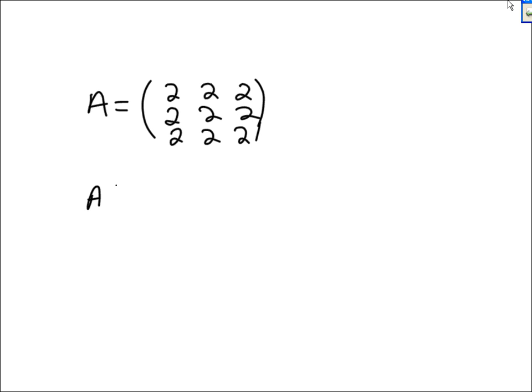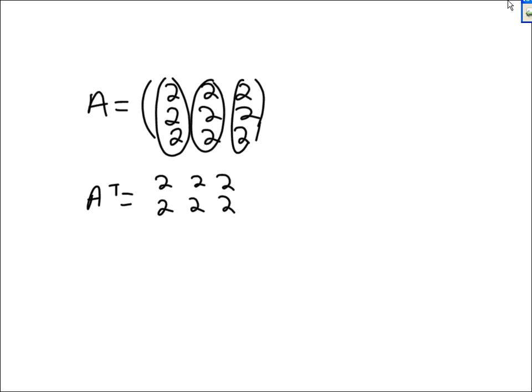Well, what will A transpose be? Instead of this first column, it becomes the first row. Instead of this second column, it becomes the second row. Instead of this third column, it becomes the third row. And you say, oh, it equals A.